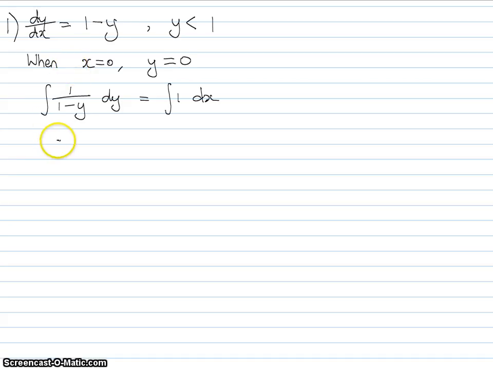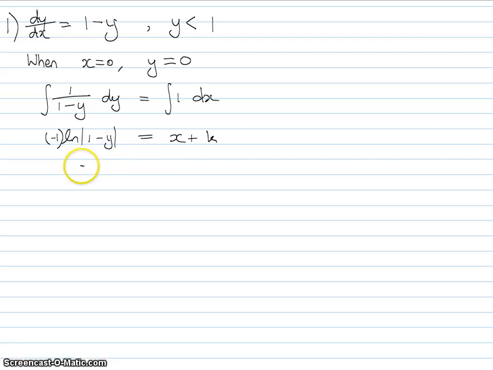So we know how to do this. This is going to be ln of 1 take y, not forgetting our modulus, divided by the derivative of the inside, which in this case is negative 1, so we'll just multiply there. And that's going to be equal to x plus some constant k. Now this is where our condition that y is less than 1 comes in useful because it means that 1 take y is always going to be positive.